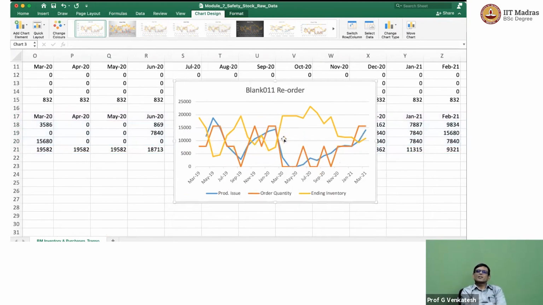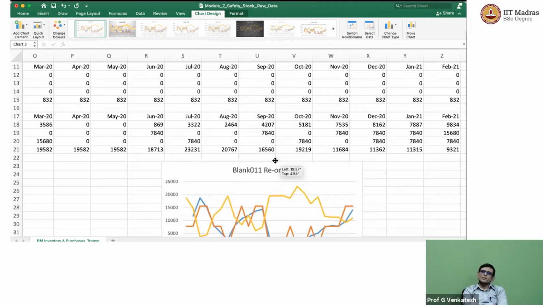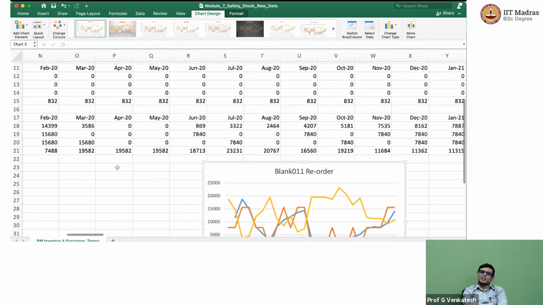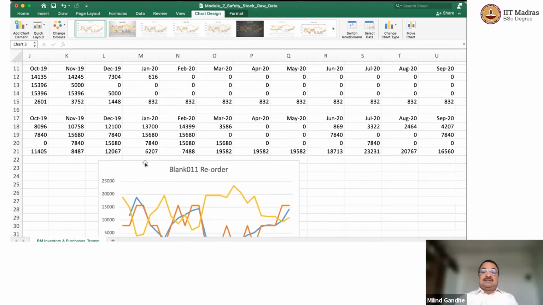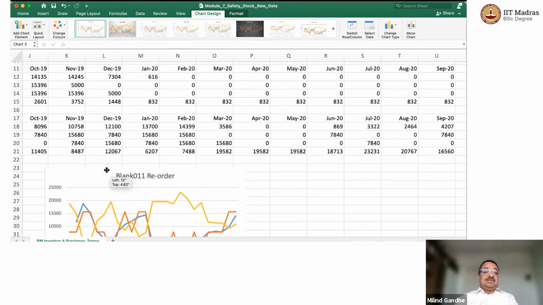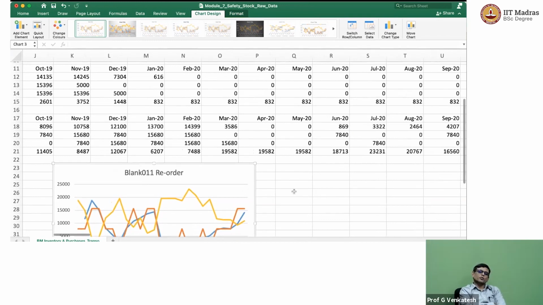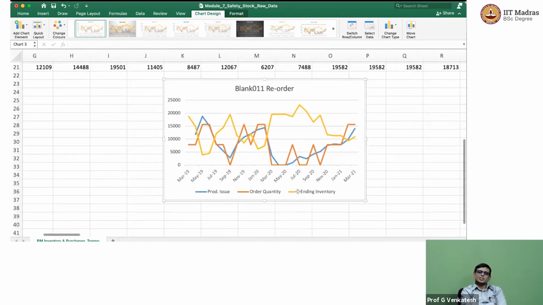Okay. Now what do we see? You see some patterns. Let me just move this down. Again, here we see that inverse relationship with ending inventory. Whenever ending inventory goes down, order quantity goes up. And whenever production issue goes up, order quantity goes up. So order quantity kind of tracks production issue to some extent, and is definitely inversely correlated with ending inventory.